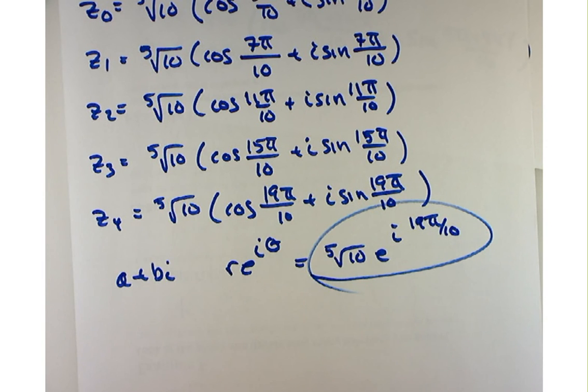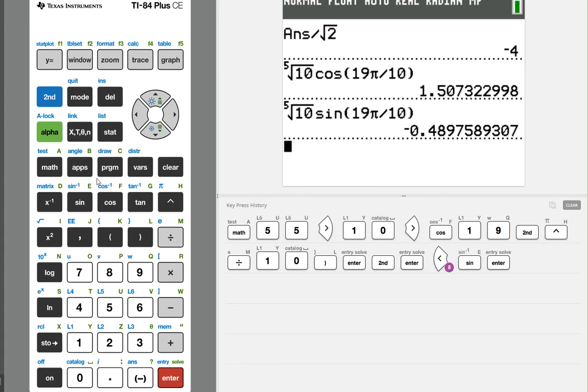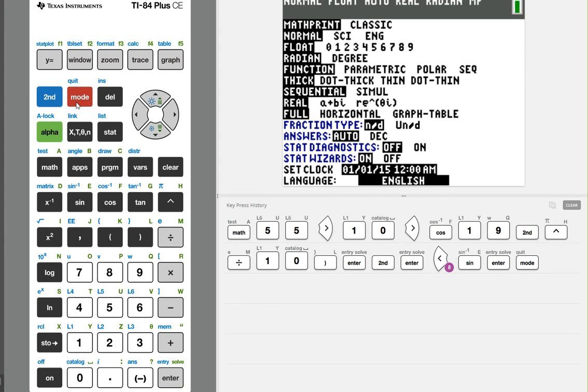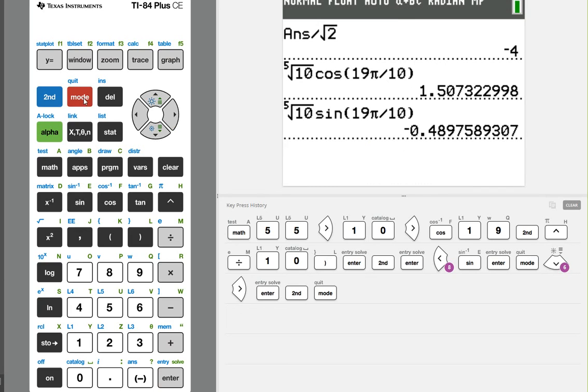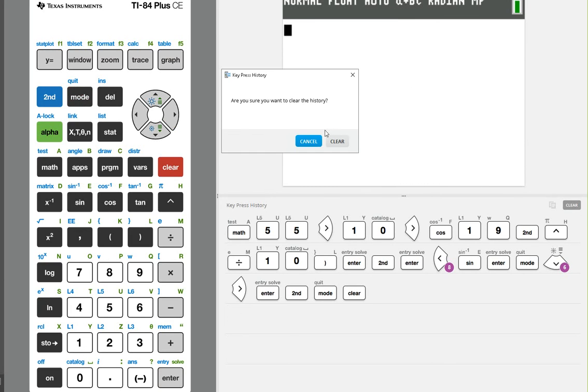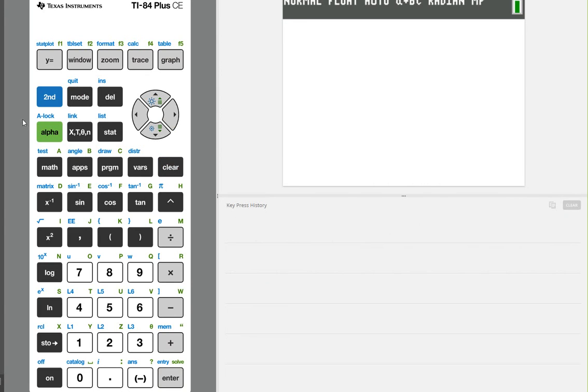Oh, you know what? Here's a quick thought. I think this might work. Let me try something real quick here. I'm going to put my calculator in this mode right here, a plus bi. And then I'm going to try and calculate the exponential form of this.